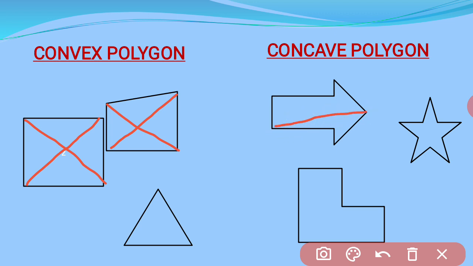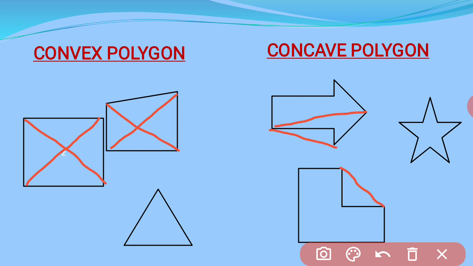So here this is one diagonal. This is also a diagonal. This is also a diagonal because a diagonal is a line segment which joins non-adjacent vertices. If the vertices are not adjacent to each other, and if I join them, the line is called a diagonal.